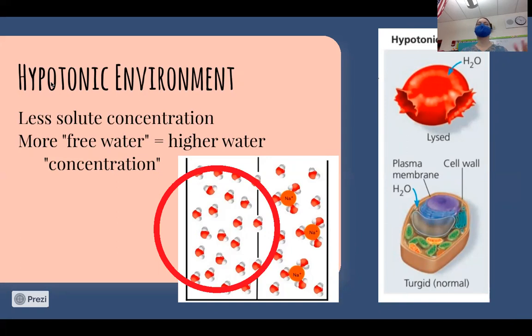Hypoactivity means low activity. Hypotonic, low tonicity. So less solute concentration and a higher concentration of water. If you take a cell, that cell is hypertonic to pure water, always.